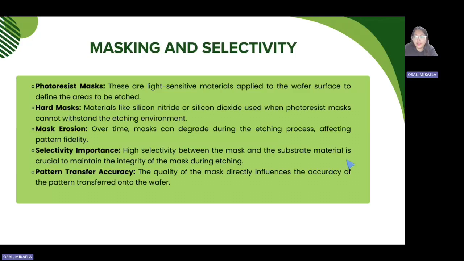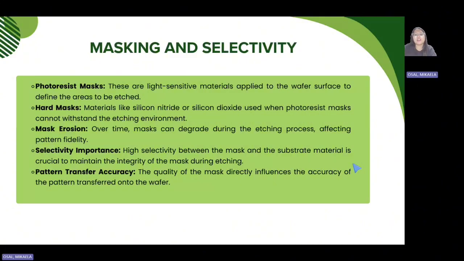So to perform etching selectively, masking layers like photoresist or hard masks are used. These protect the regions of the wafer that should remain intact. Selectivity is the ratio of etching the target layer versus the mask or underlying layers. A highly selective process ensures the mask isn't etched away prematurely.